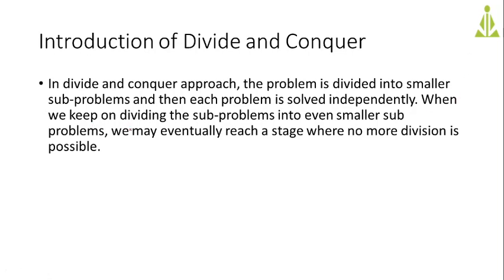When we keep on dividing the subproblem into even smaller subproblems, we may eventually reach a stage where no more division is possible. So what does this mean? If we have a problem, it is divided into subproblems.